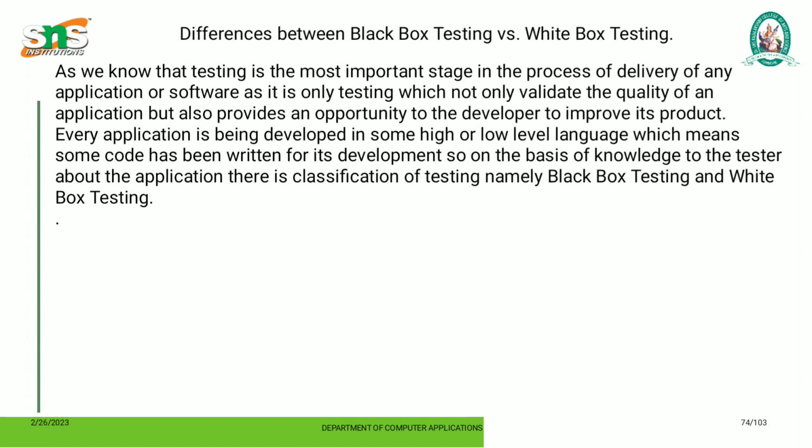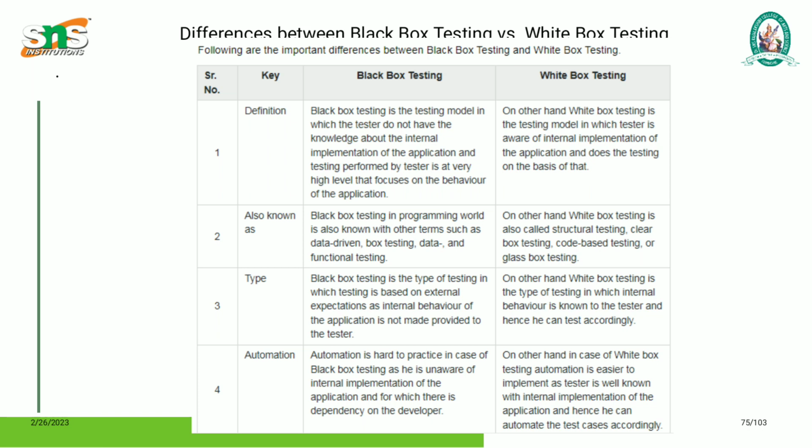In black box testing we have to check the functionality and test whether the component is working fine or not. Every application is developed in some high or low level language, which means code has to be written by the development team. On the basis of the knowledge of the tester, the application may be tested properly. So let us see the difference between black box and white box testing.